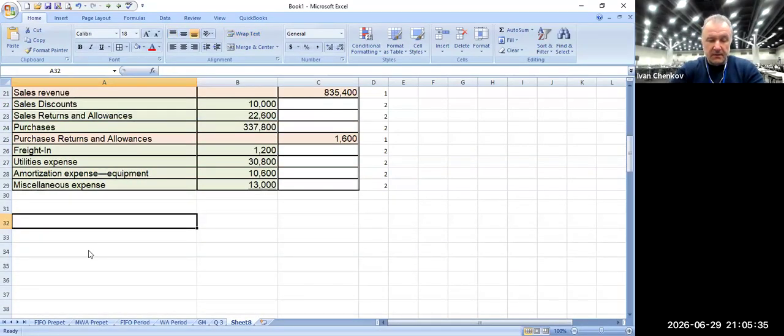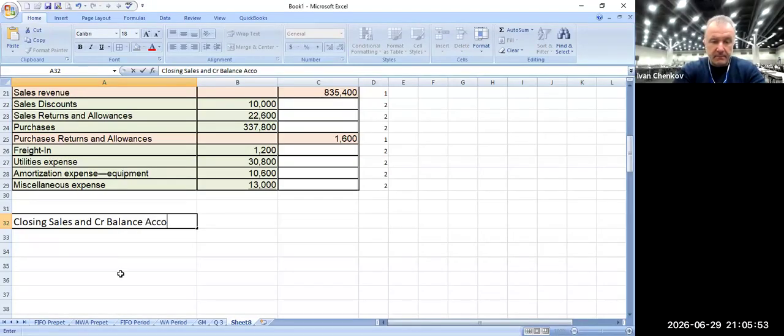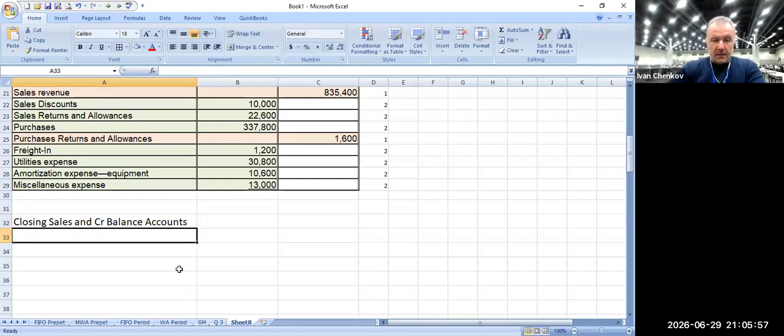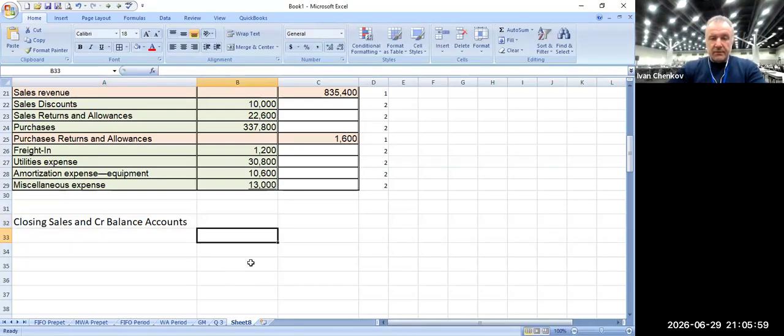First one, closing sales and credit balance accounts. What we're gonna have?